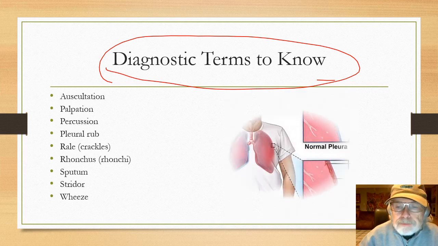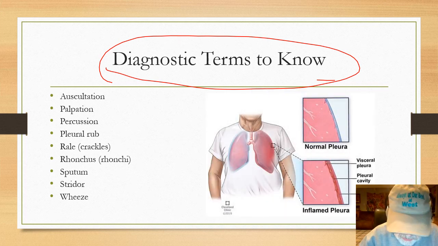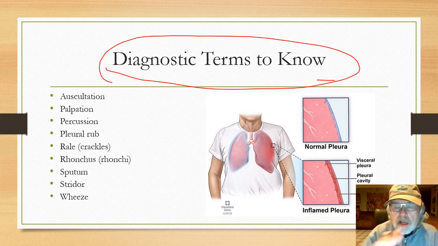A pleural rub. The pleura is that membrane that lines the inside of the chest and covers the lung itself. Sometimes there'll be some inflammation of that pleura, and instead of being nice and smooth and slidey, it becomes sort of gritty and inflamed and rough.